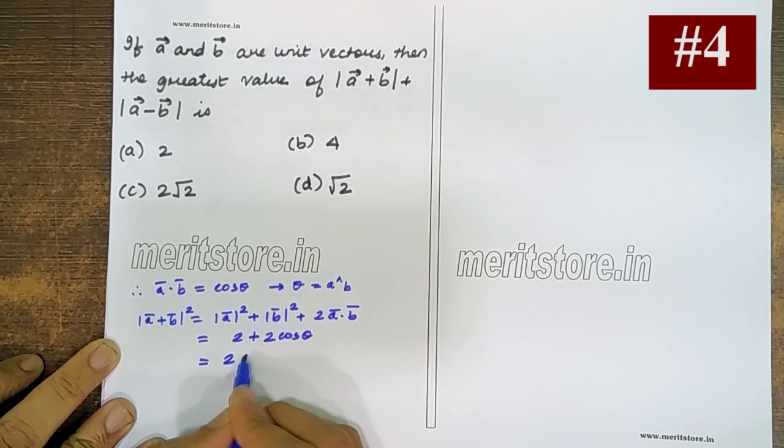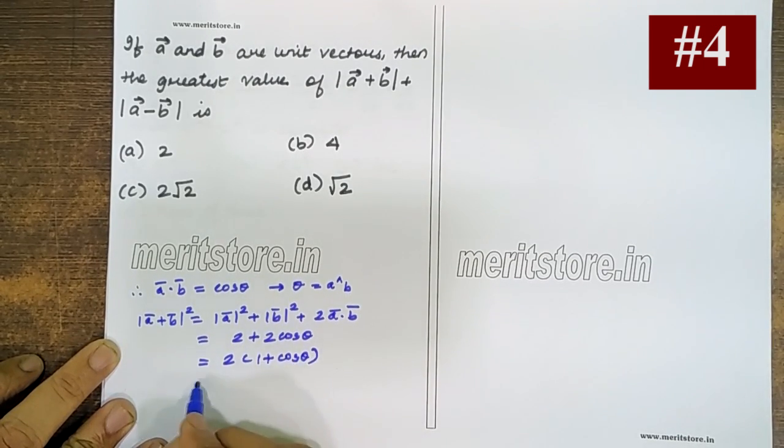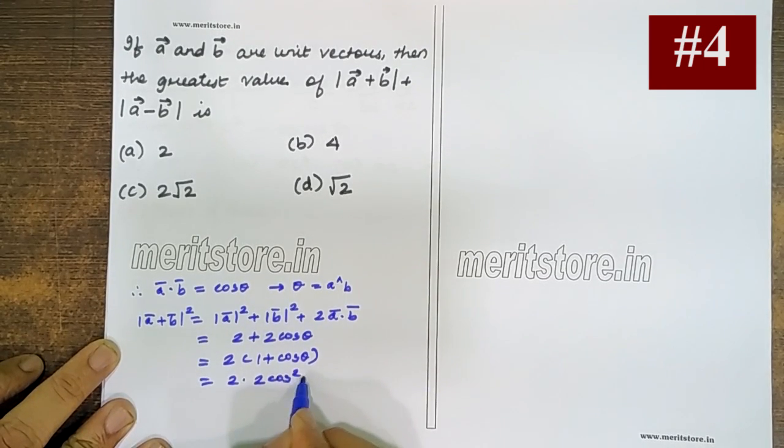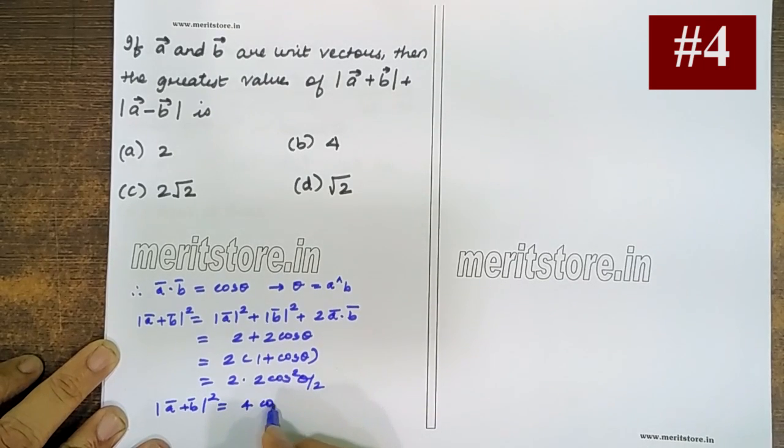By taking 2 common, this will become 2 times 1 plus cos theta, which is equal to 2 cos square theta by 2. So magnitude of A bar plus B bar square is equal to 4 cos square theta by 2.